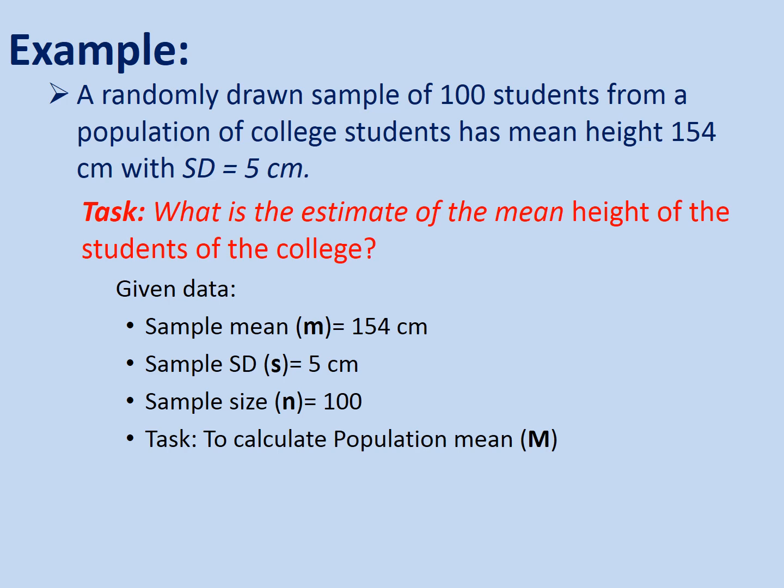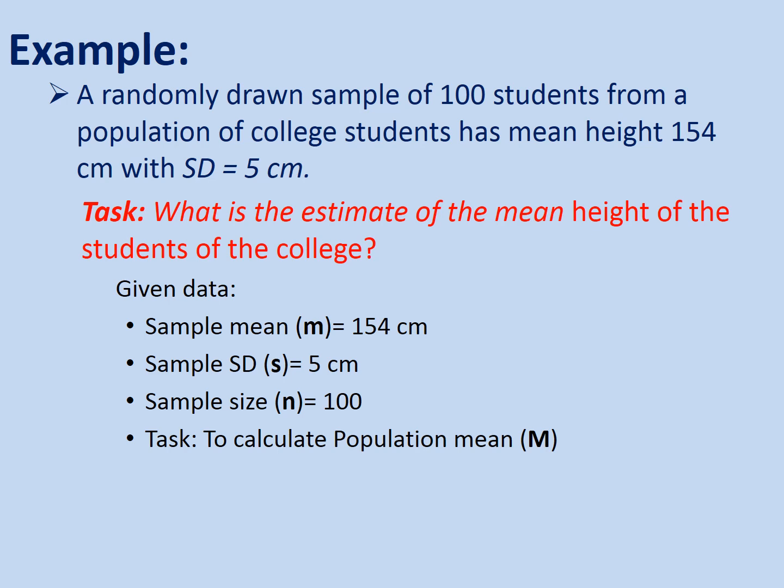And they ask us to calculate the estimate of the mean height of the students of the college. So they expect us to estimate what will be the average height of all students, meaning if that college contains 1000 students, you can predict the average height of all 1000 students from this sample of 100 students.